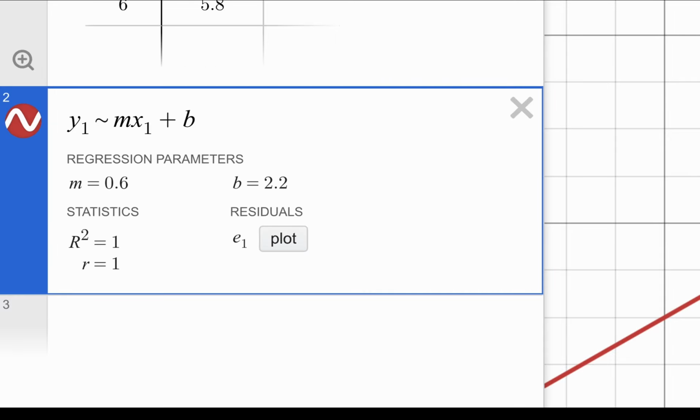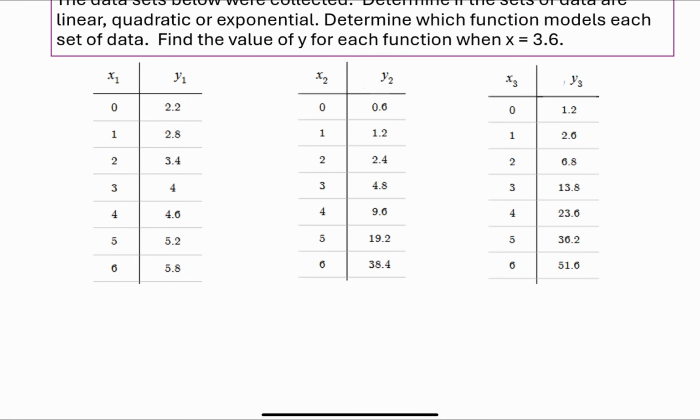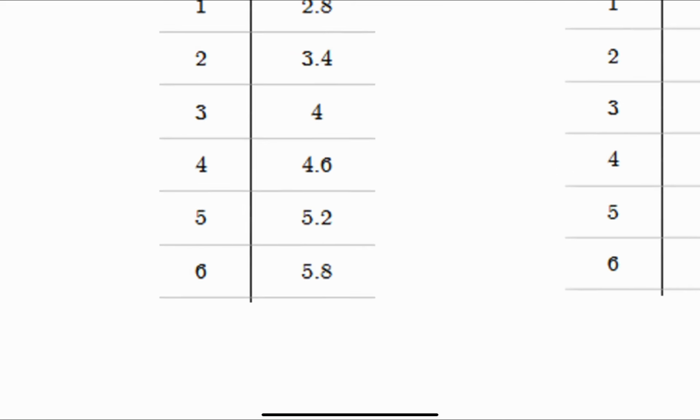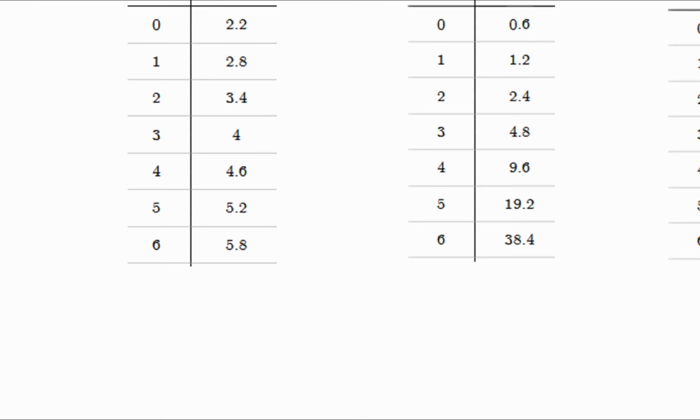b value. From there, we will then go back to our packet and we will indicate that this data table, the first one that we have, is representative of a linear data set. So we're going to write down linear data.